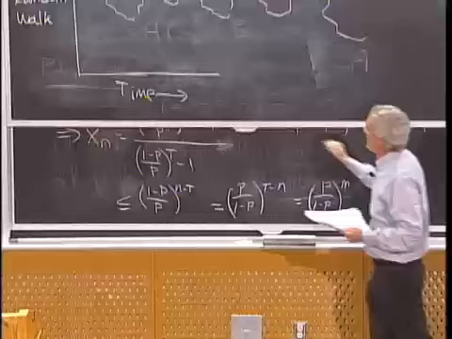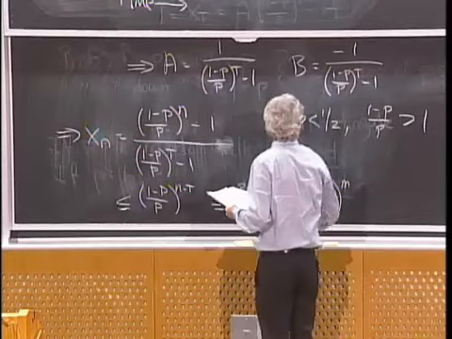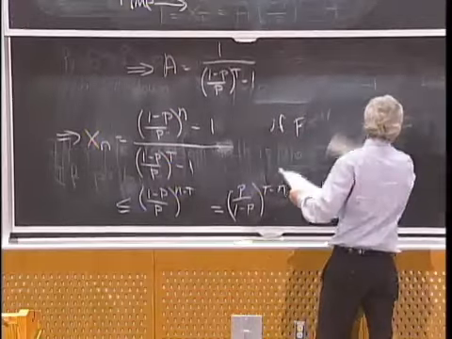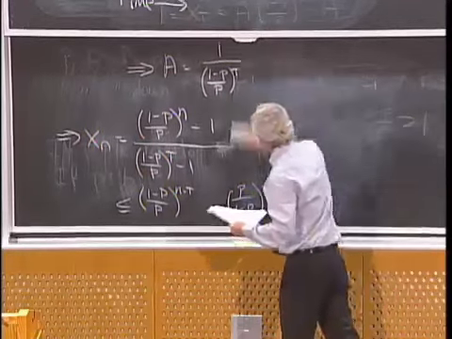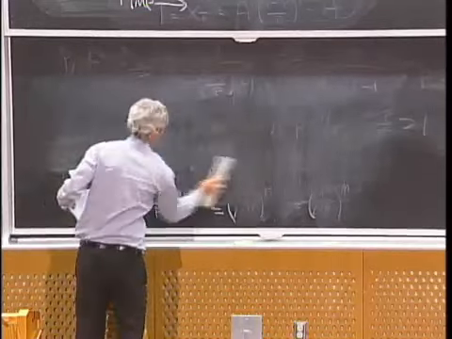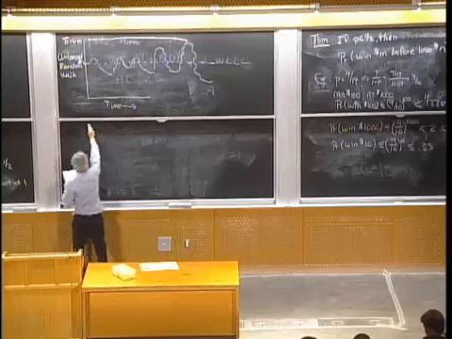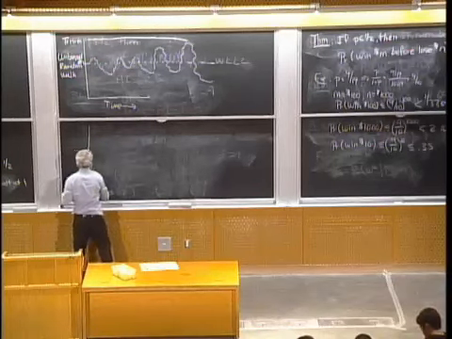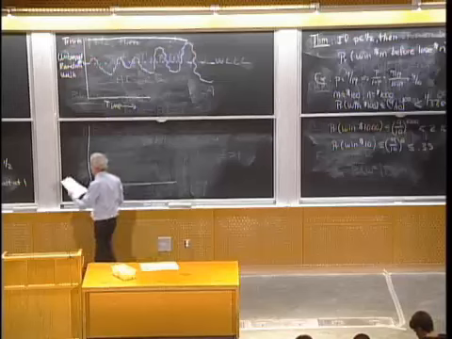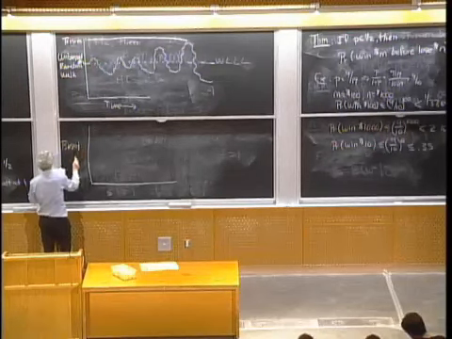Now, in the biased case, the picture looks different. I'll draw it here. So this is now biased, and we're going to assume it's downward biased. You're more likely to lose.